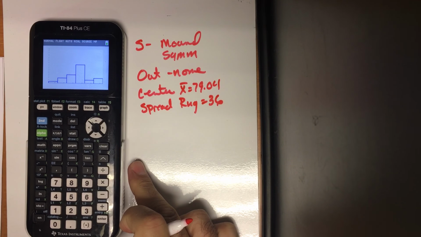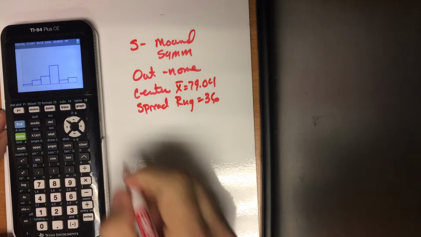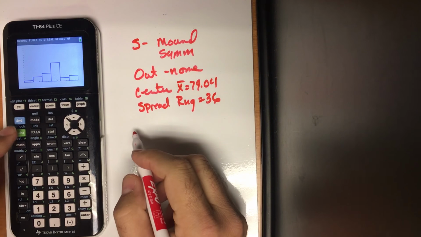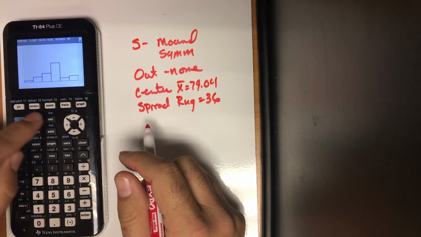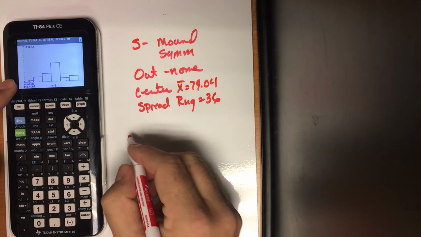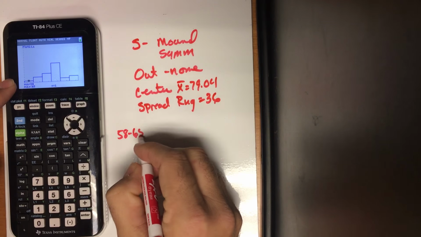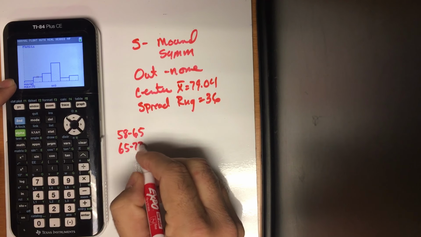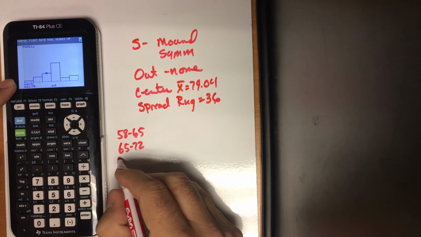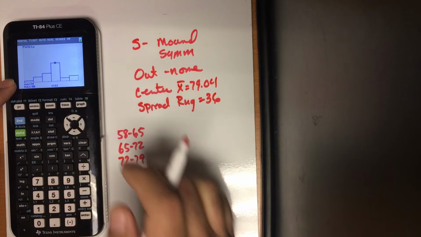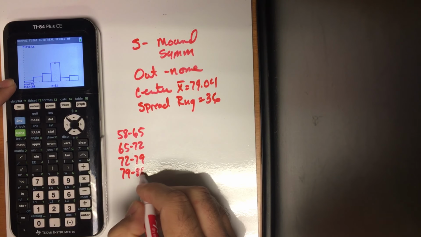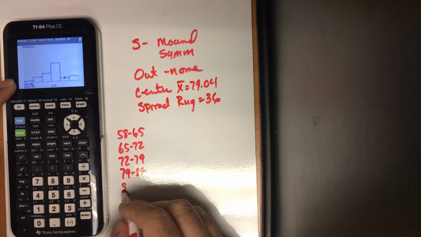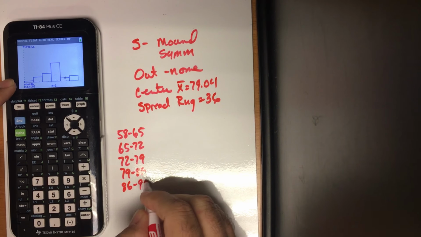The first part said to make a frequency distribution. So for our frequency distribution, we're just going to draw that out. So remember, we're going to have our classes. I'm going to find those on the calculator. So I went from 58 to 65, and then from 65 to 72, from 72 to 79, from 79 to 86, from 86 to 93, and from 93 to 100.